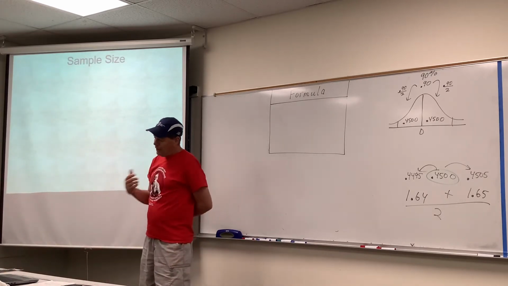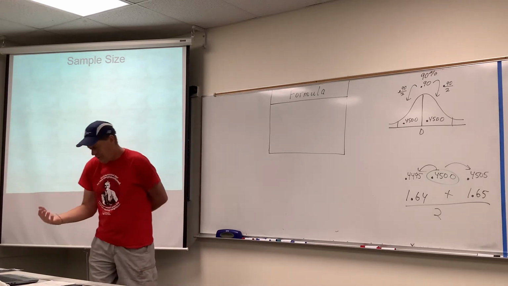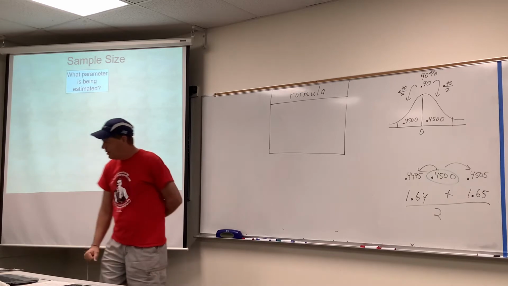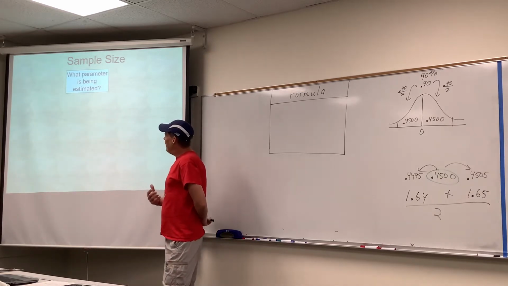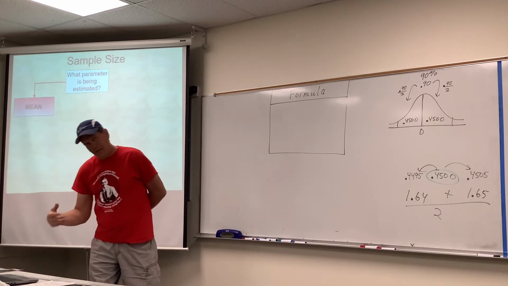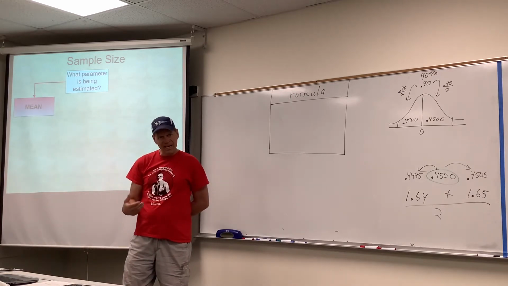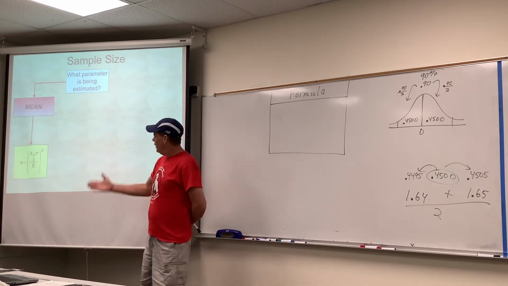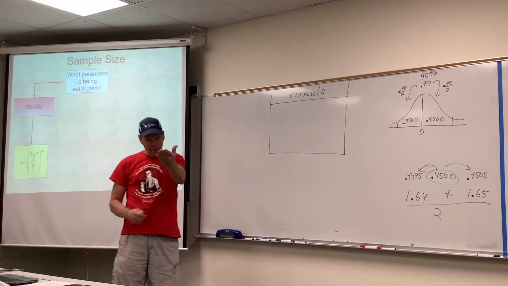Now what I did here, and I apologize if this is confusing to you, but on this assignment, it says what parameter is being estimated. Well, birth weights would be expressed as a mean, as an average, wouldn't it? So we're estimating a mean, the average birth weight of an infant, and basically the formula for that is right there on the screen and on your printout.